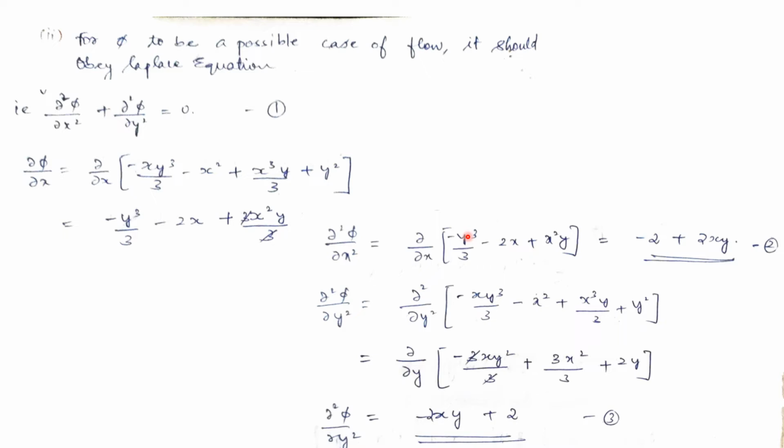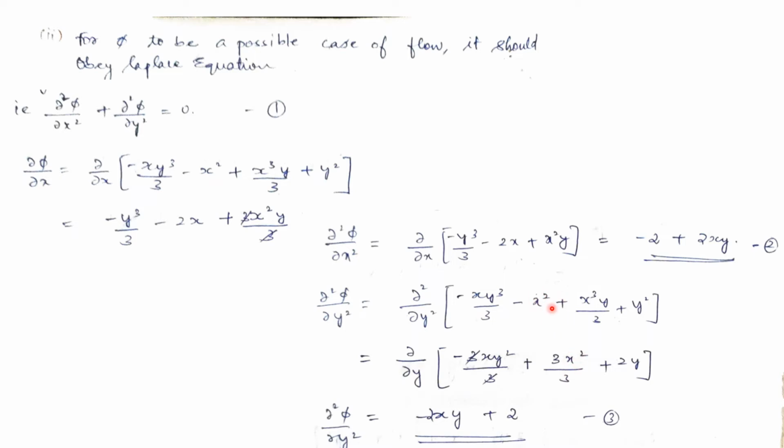After that, we have to find dou square phi by dou y square. So first differentiate with respect to y one time, then again differentiate it with respect to y the second time. So how will we solve it? First, dou by dou y of minus xy cube minus x square plus x cube y by 3 plus y square. The differential of y cube would be minus 3xy square, and 3 and 3 cancel.